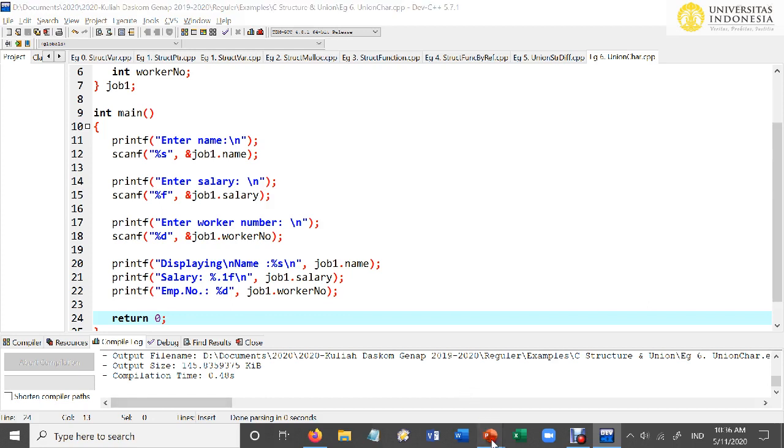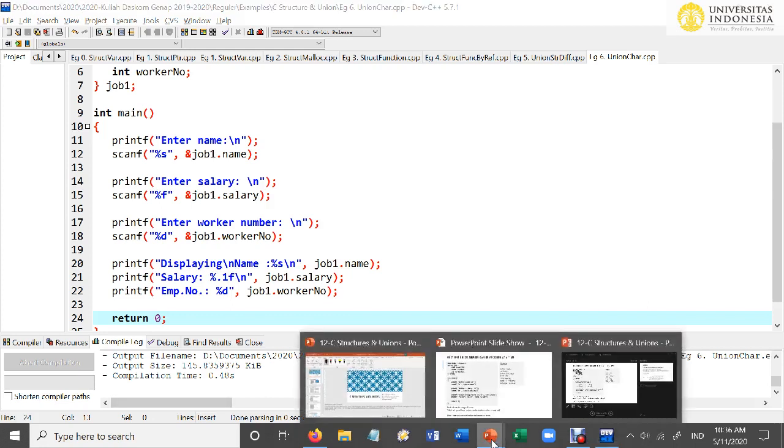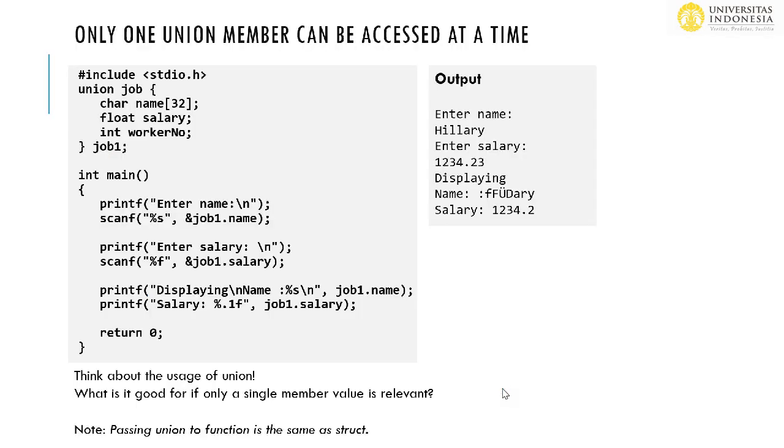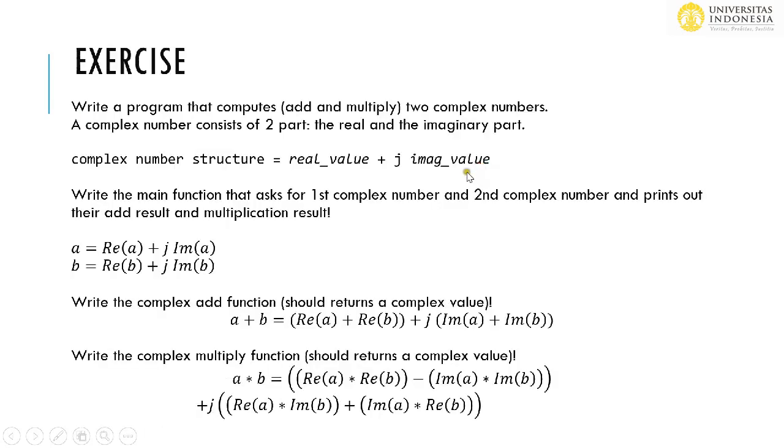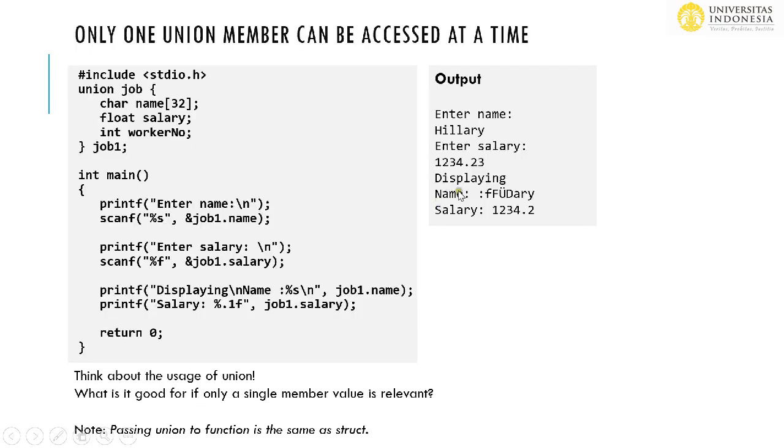I think this is the end of our explanation about structure and union. Here is another example. Hillary, salary is like this, sorry, and it is displayed like this, right?